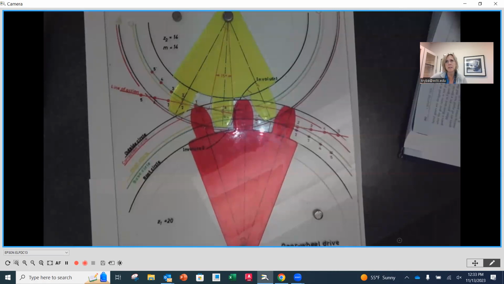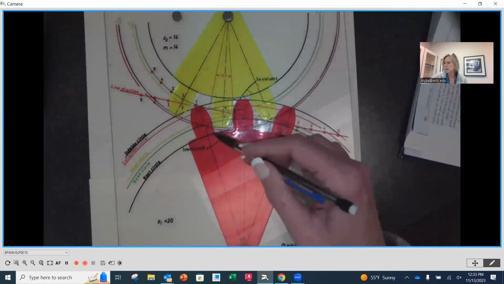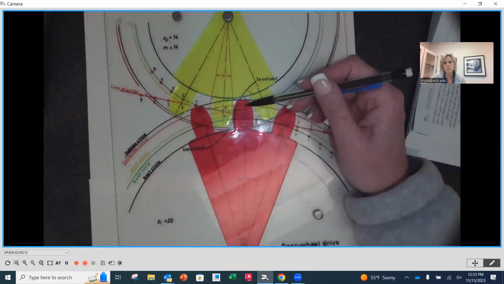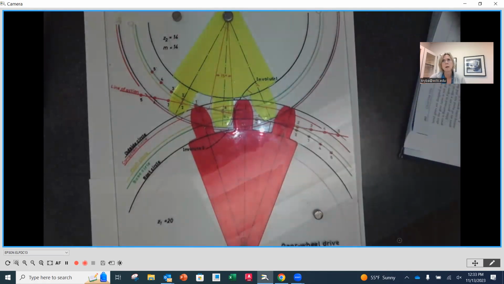You may or may not show the actual tooth for each gear, because that takes up data and can sometimes bog things down. But at the very least, to determine where these are going, because they overlap into each other, you have to show the pitch diameters tangent to each other.